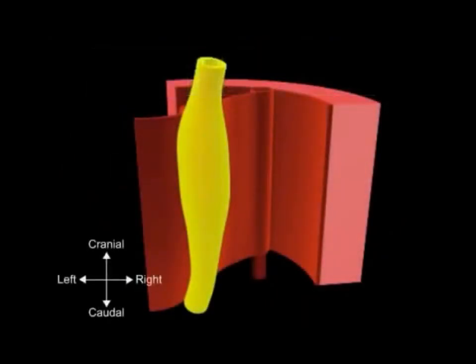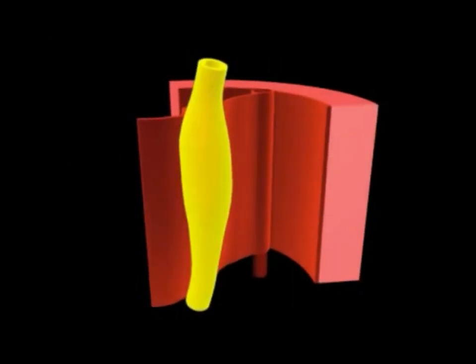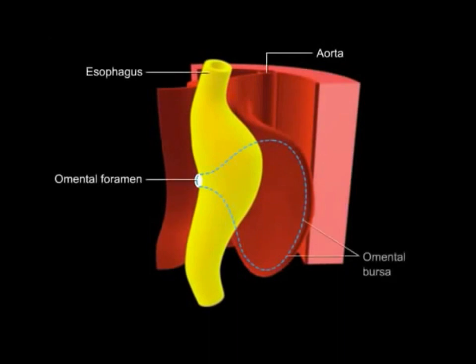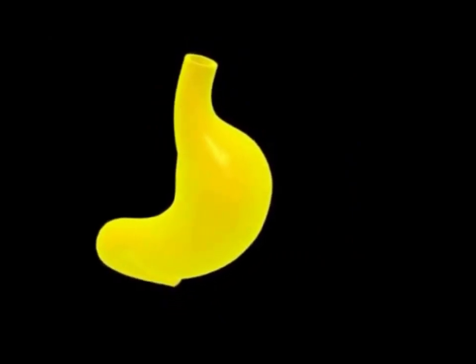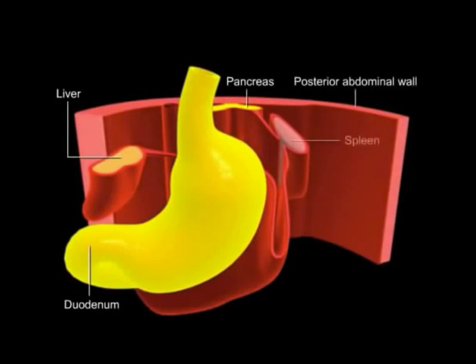And this is a 3D view of the stomach that is forming, and you have the dorsal and ventral mesenteries, and now you'll see how the stomach rotates 90 degrees, and that affects the mesenteries that are attached to it. Also you see how the duodenum after the stomach is being twisted.